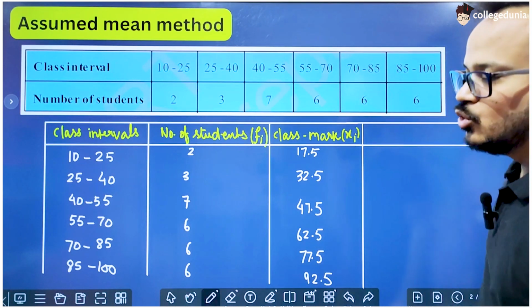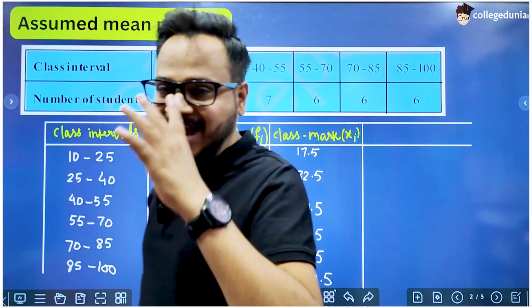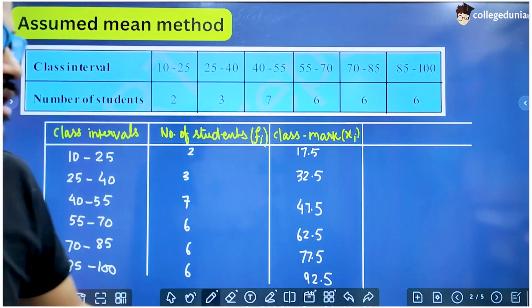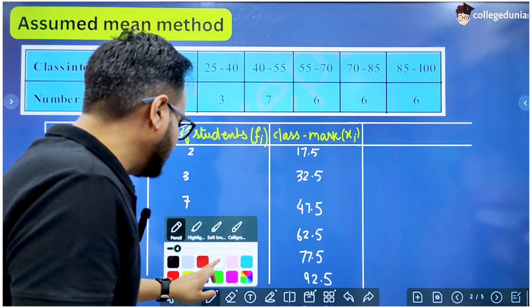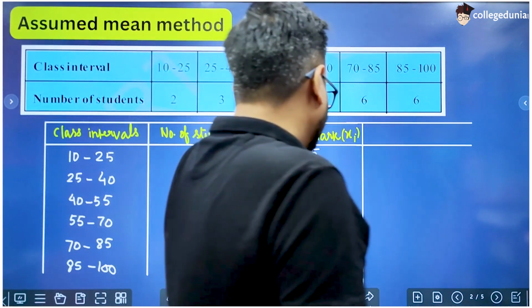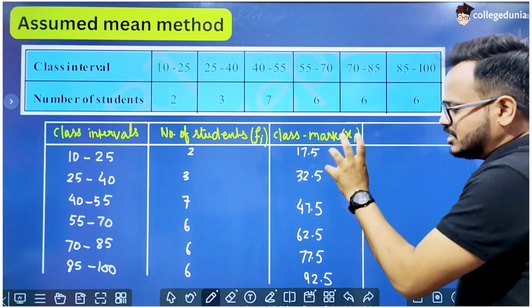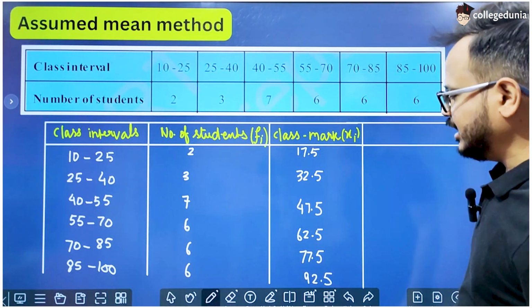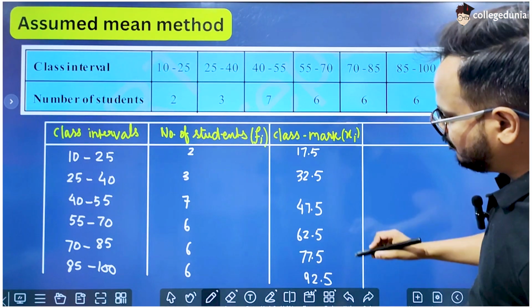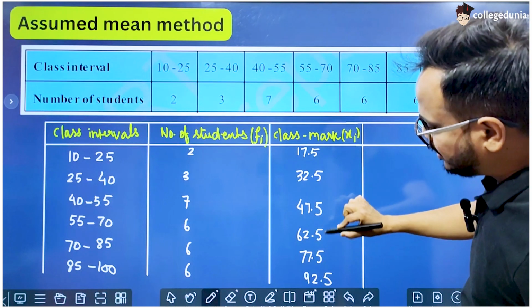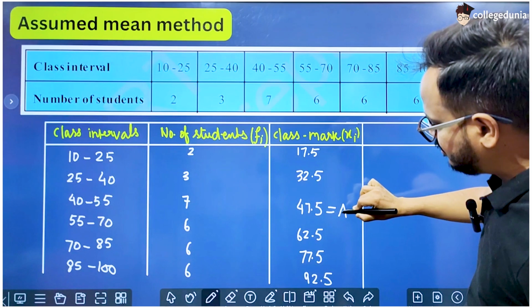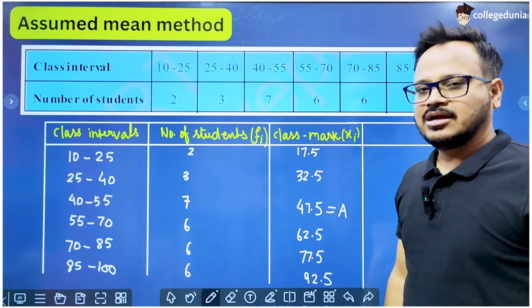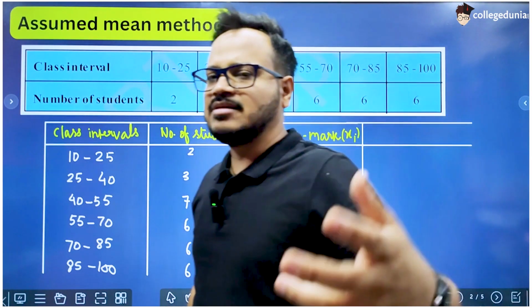Okay, so what we will do, we will assume a value as our mean. Let us understand this concept. Assume any of these values; generally we take a value somewhere near the midpoint. Now give any symbol to that value.